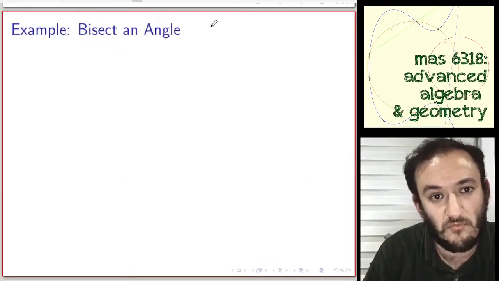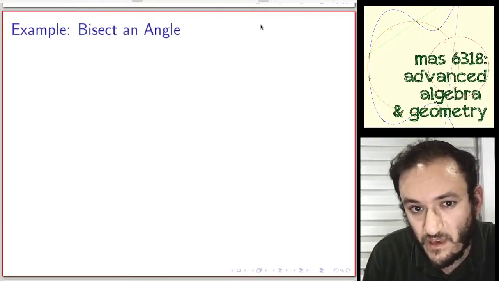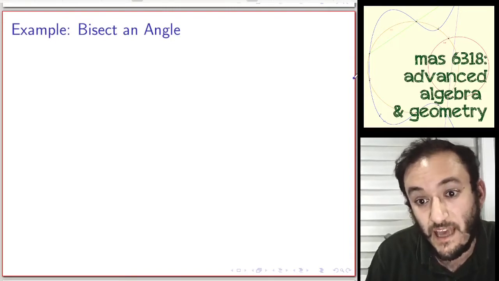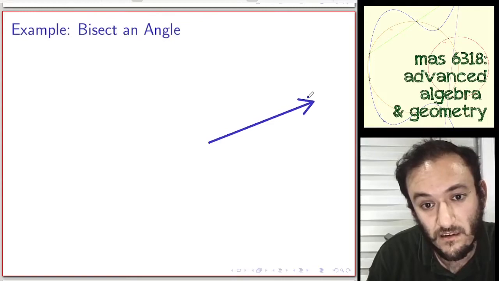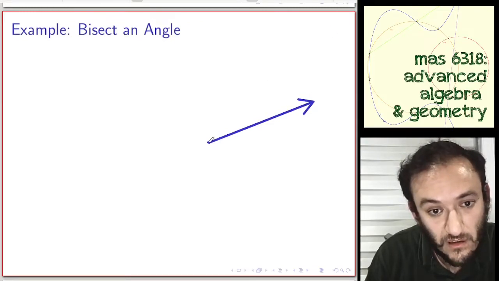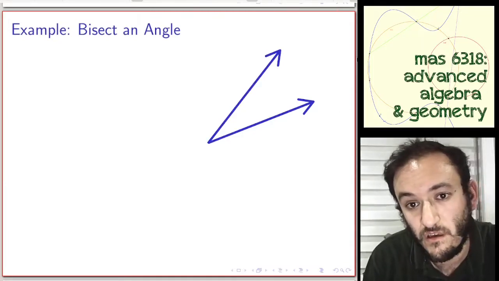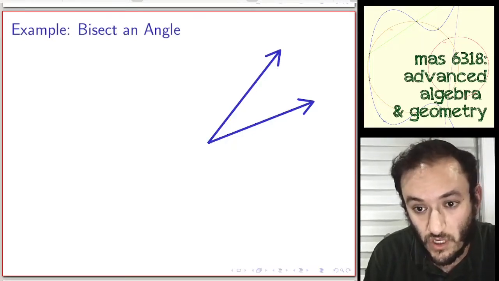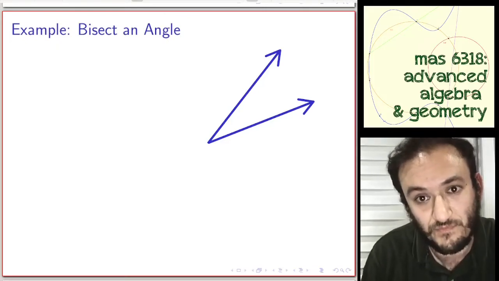Now let's look at bisecting an angle. We want this to apply to any angle we would set up, so let's set up an angle here. And we're going to try and draw a line segment that cuts this angle in half.